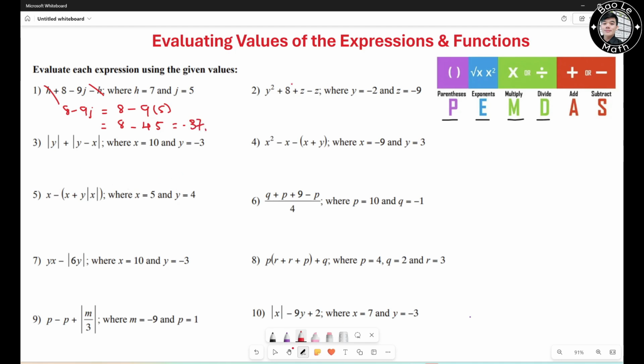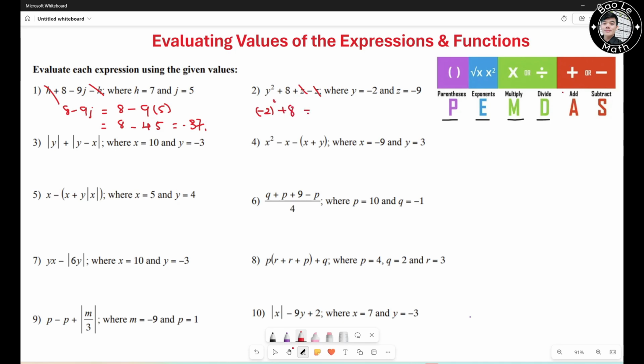Now the second one. We see that z and negative z cancel out, so we don't have to worry about z. Now, y squared where y is negative 2. Don't forget parentheses, so you put negative 2 all together, squared, plus 8.